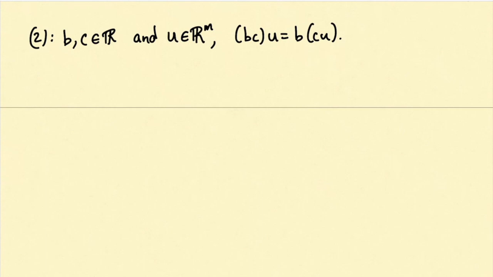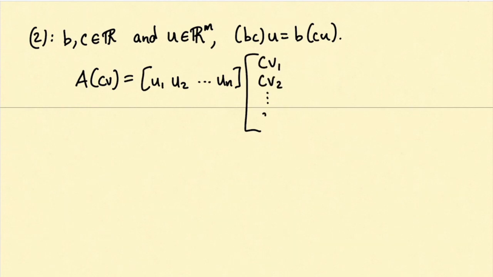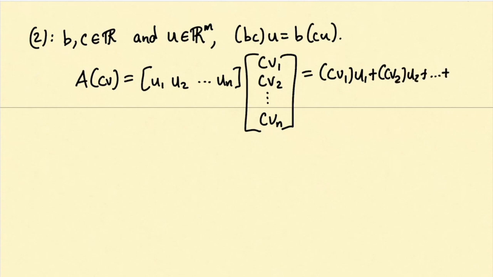Scaling v by c simply multiplies each of the real numbers, v1, v2 down to vn, by c. When we act on that by the matrix A, we get the linear combination cv1 multiplied by the vector u1 plus cv2 multiplied by the vector u2 plus ... plus cvn multiplied by the vector un.